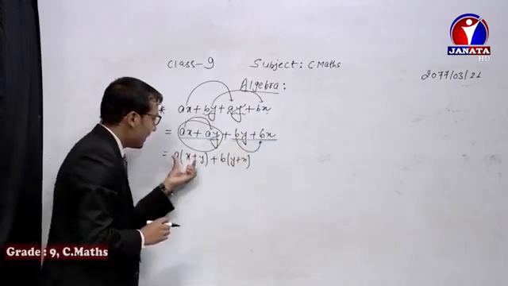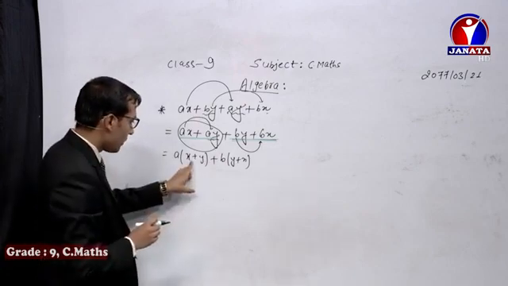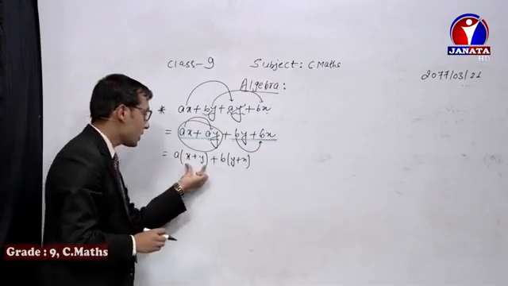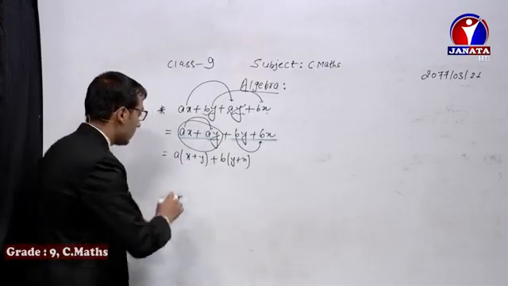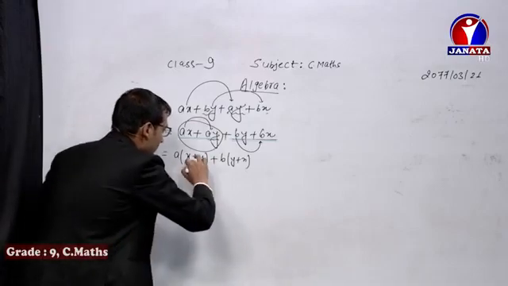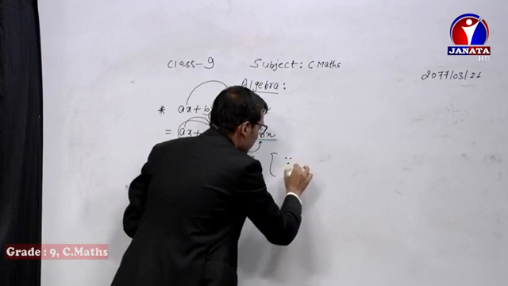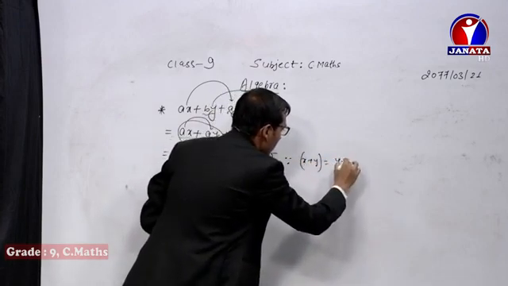Now looking at the terms in the brackets, there are the terms x plus y and y plus x. It's the same. X plus y and y plus x are the same because there is a positive sign. So again we can take x plus y common, since x plus y is equal to y plus x.